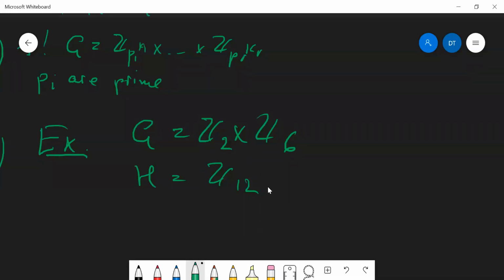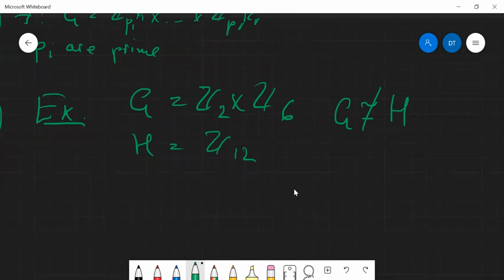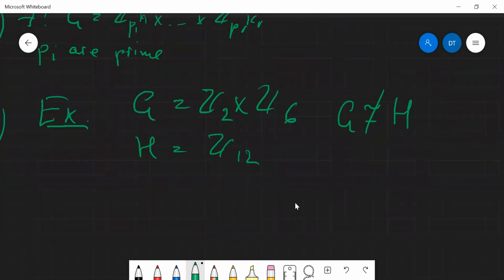And here we have only one factor, so the condition is empty. And we see that these presentations are different. So this automatically means that these groups are not isomorphic. So there is no isomorphism between G and H. These are different groups. This is how you use this claim.